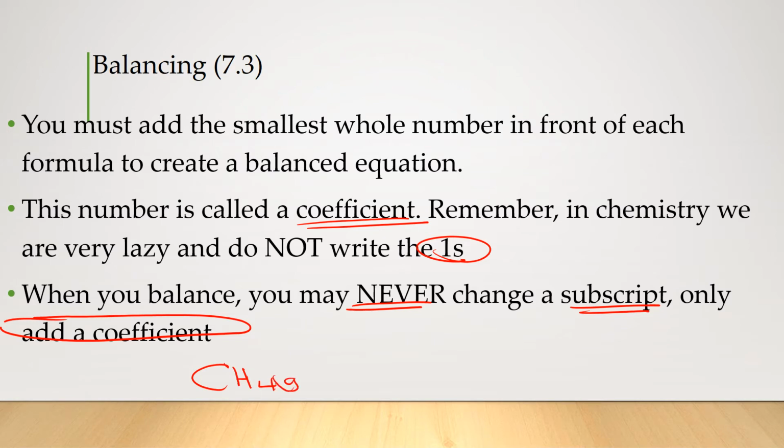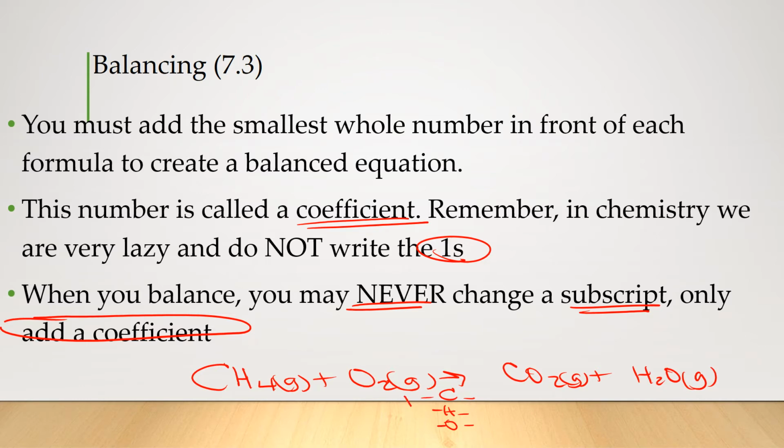So let's take a second and let's revisit our methane. CH4 gas plus O2 gas produces carbon dioxide gas and water vapor. Okay, so what I like to do when I'm balancing is make a list. So here's my C, here's my H, here's my O. It's a list of the elements. So on the left, I'm just going to count.